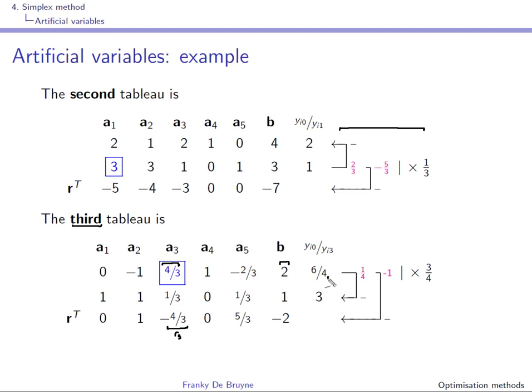So this is 6/4. This element divided by this one, so that's a 3, right? So this is equal to 2. So the smallest one is this one over here. So this selects this row, and we had selected this column. So this is why 4/3 will be the pivot, and you can see that x4 is going to leave the base, which is good because this is what we expect.